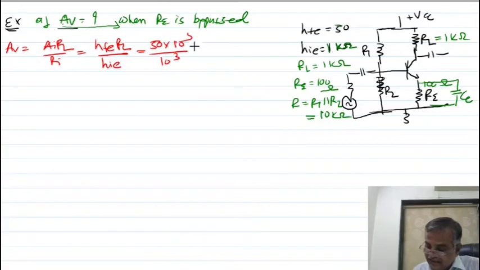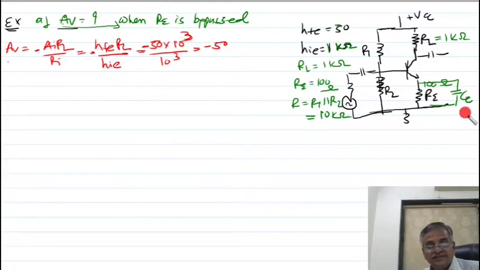So you can get minus 50. So this is the gain of the amplifier without feedback, you can say. RE is bypassed. So this is the answer for this.